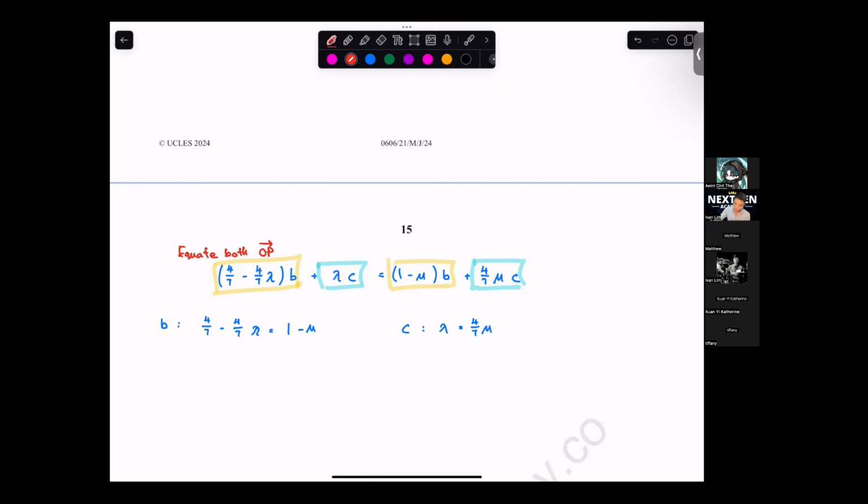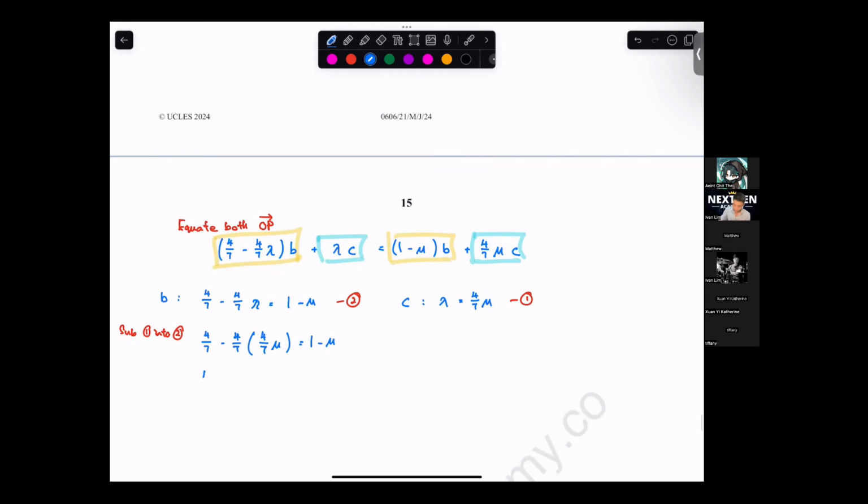Okay, I'm going to substitute the lambda. Let's call this equation 1 and 2. Sub 2 into 1. 4 over 7 minus 4 over 7, 4 over 7 mu equals 1 minus mu. Let's solve for this.